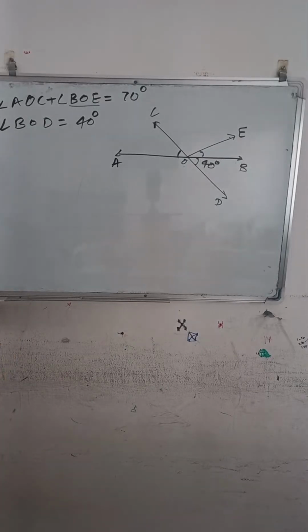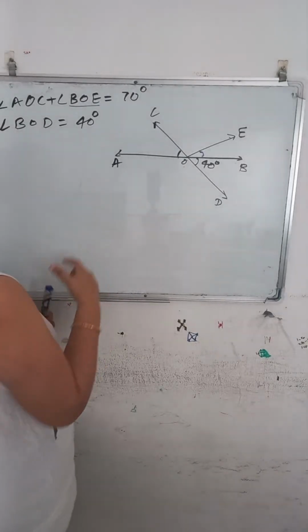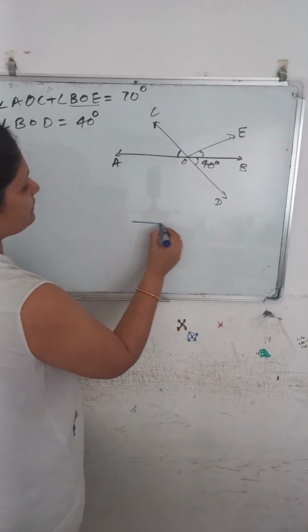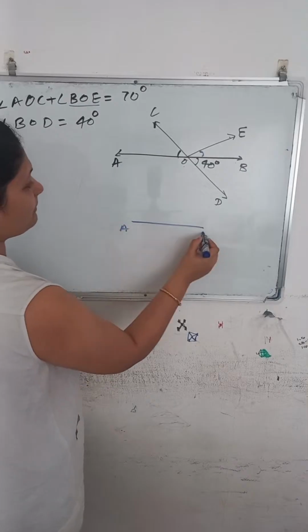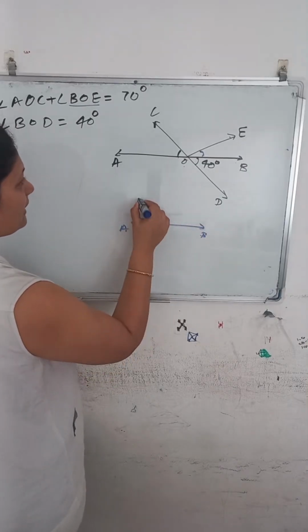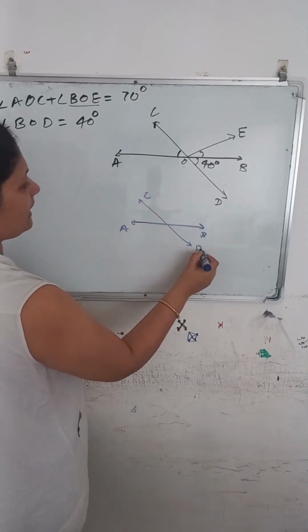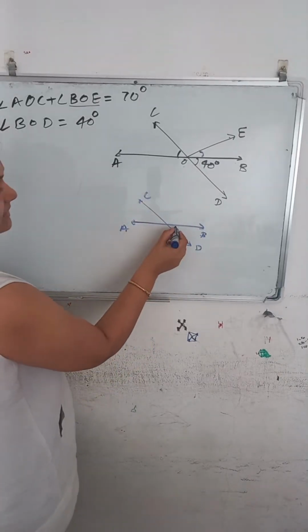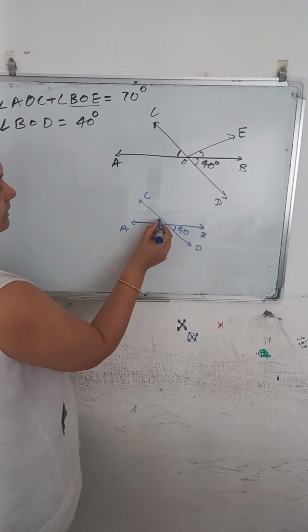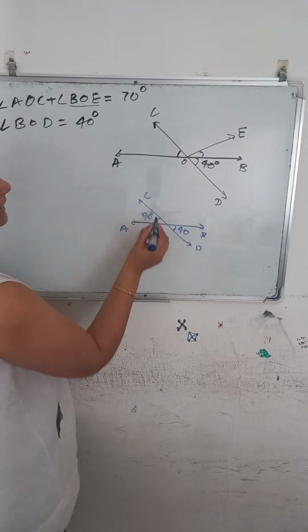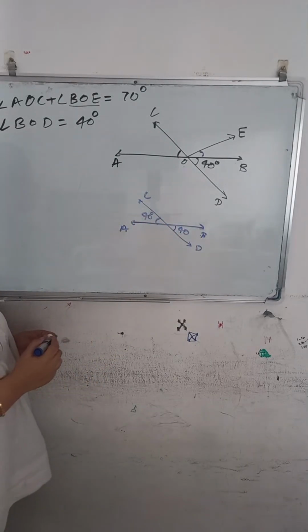Now a very important thing. See, if I draw this figure, this is AB, and another line is given, this is CD. This angle is 40, then this angle is also 40 degrees, because they are vertically opposite angles.